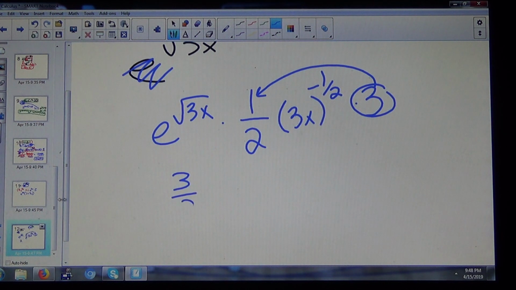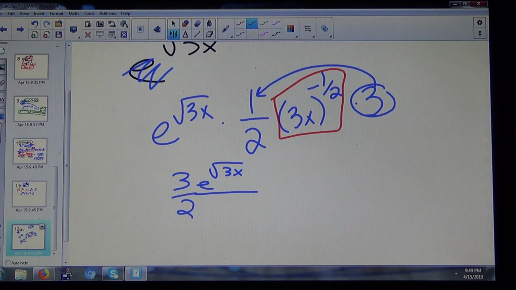So I have 3 halves e to the square root of 3x is on top. And what is this going to do there? It's going to move to the bottom, and a negative half, a half power is then a square root on the bottom with a 3x.